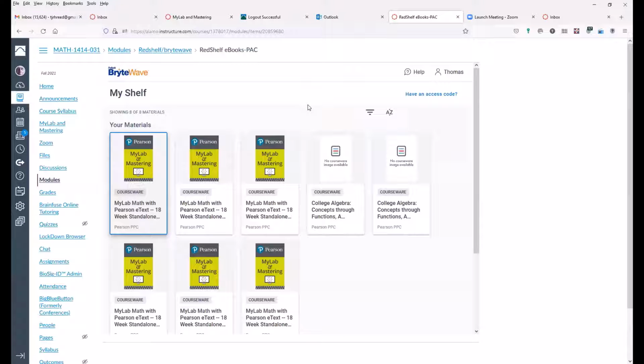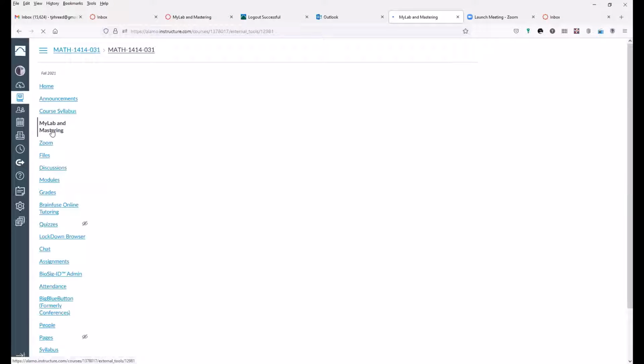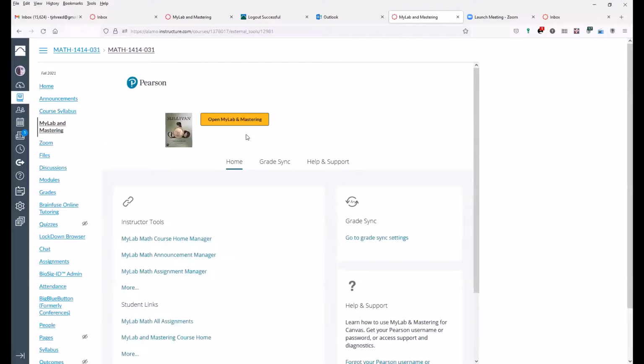So you copy that code and then you go to MyLab and you enter into MyLab here, and you go through the process of setting up an account if you do not have one. And then it'll start out by asking for the code, for the access code? I can't remember. I used to know.